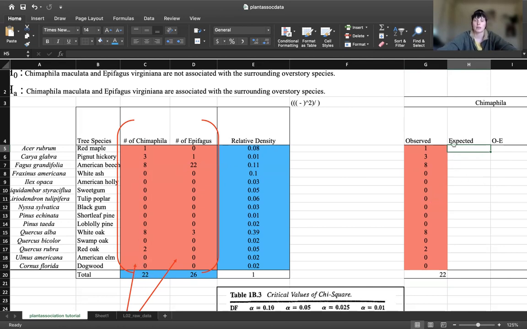So for Chimaphila, and for the first one, which is red maple, we only saw one occurrence and the relative density was 0.08. So calculating the expected is going to look like this. You're going to have the relative density multiplied by the total occurrences of Chimaphila.